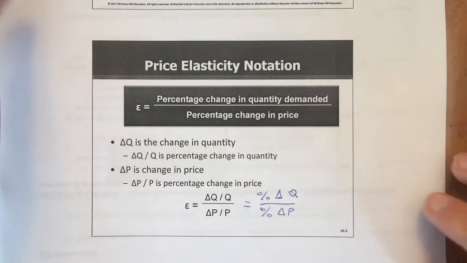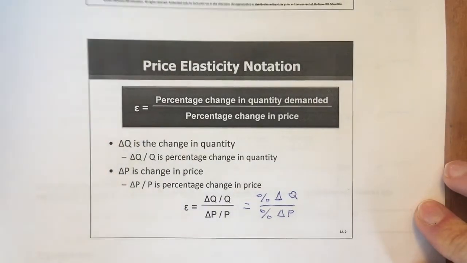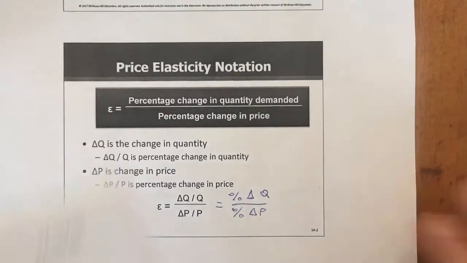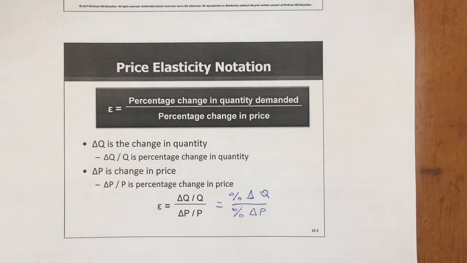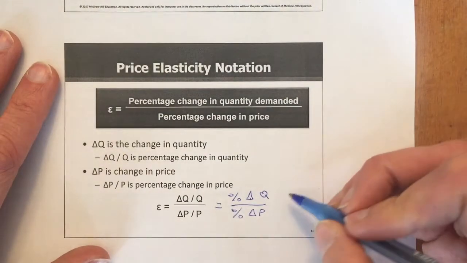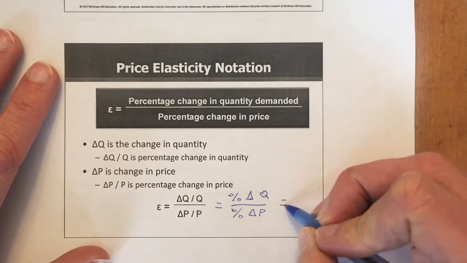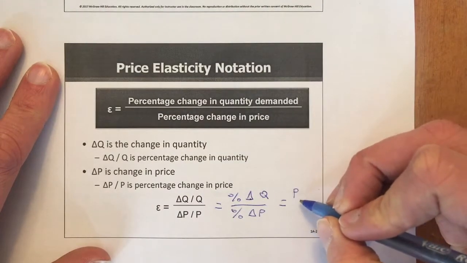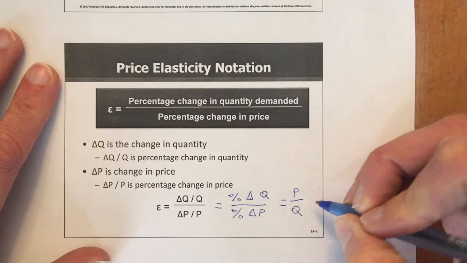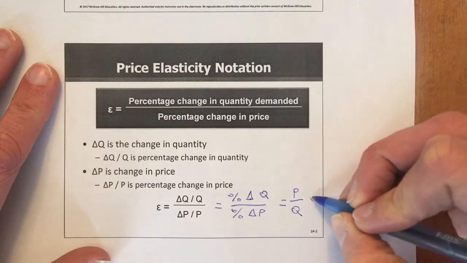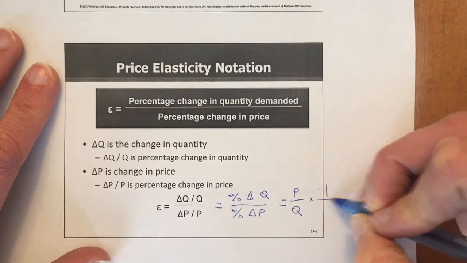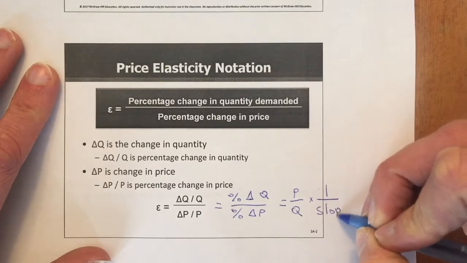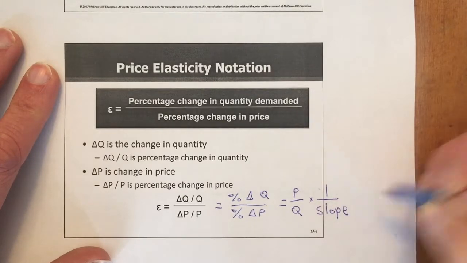Now we're going to represent this in an additional way as well. So there's a third way of representing elasticity, and that is going to be price over quantity times 1 over the slope.